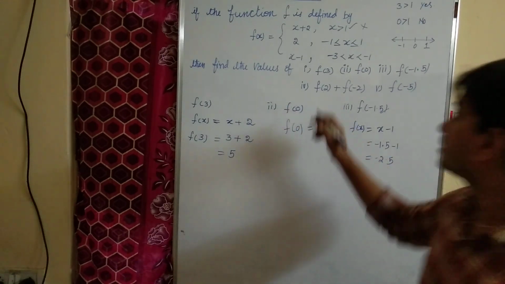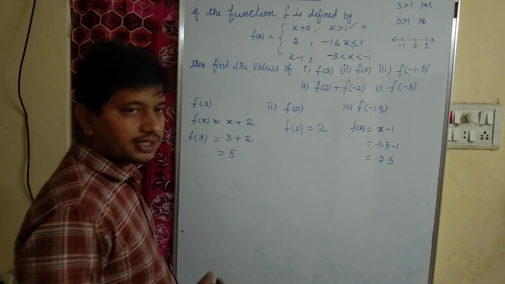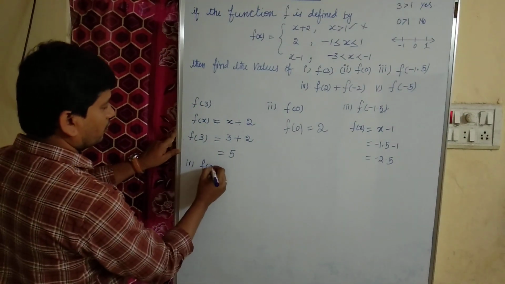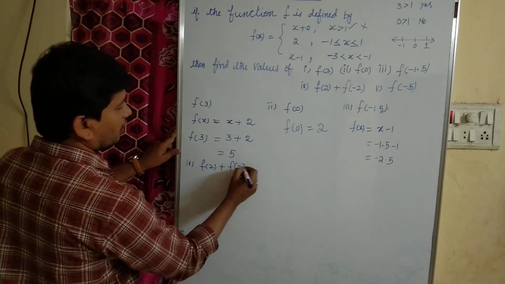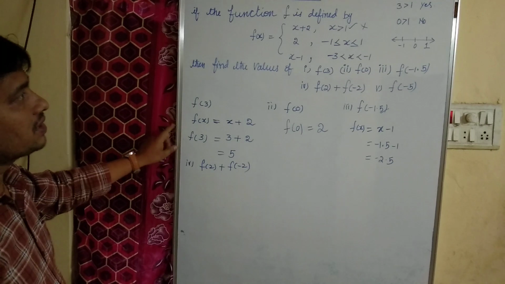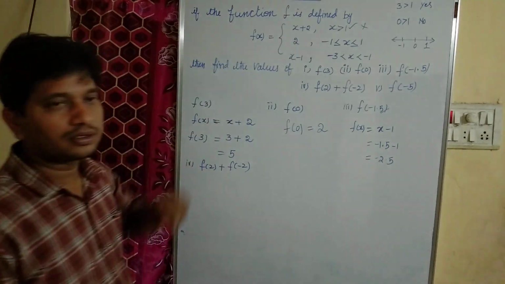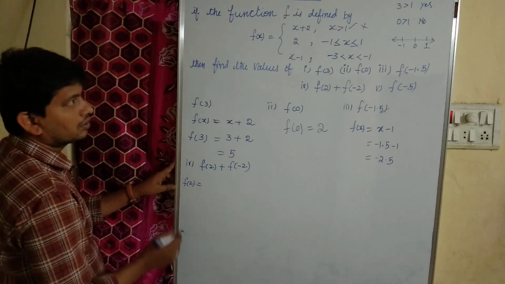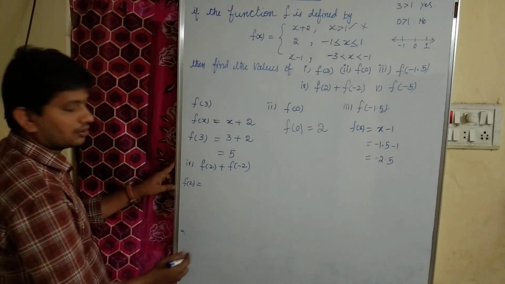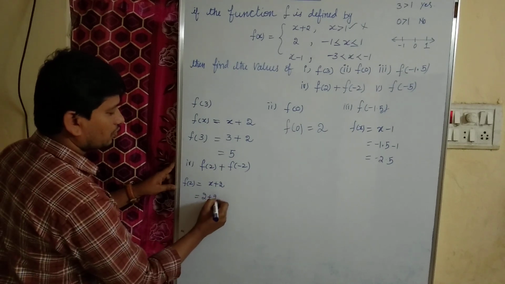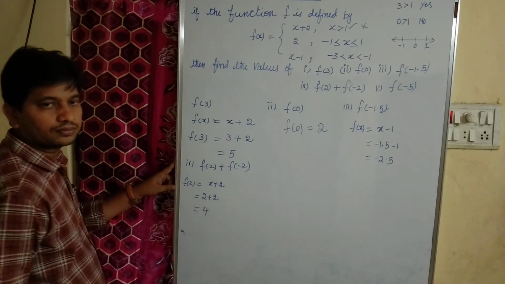Now the fourth question is f of 2 plus f of minus 2. F of 2 means we have to go with the condition. Let us find first f of 2. 2 is greater than 1, then the condition is x plus 2, I mean 2 plus 2, that is equal to 4.